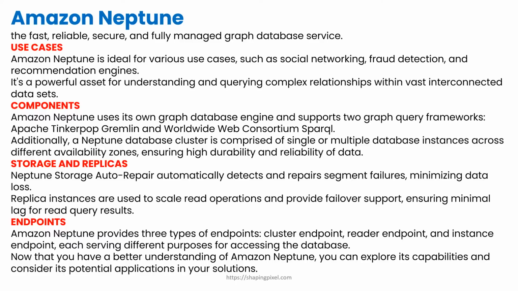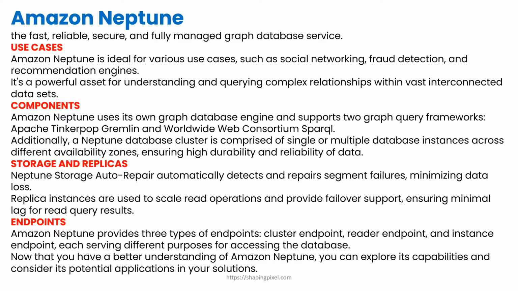Amazon Neptune uses its own graph database engine and supports two graph query frameworks, Apache TinkerPop Gremlin and World Wide Web Consortium SPARQL. Additionally, a Neptune database cluster is comprised of single or multiple database instances across different availability zones, ensuring high durability and reliability of data.